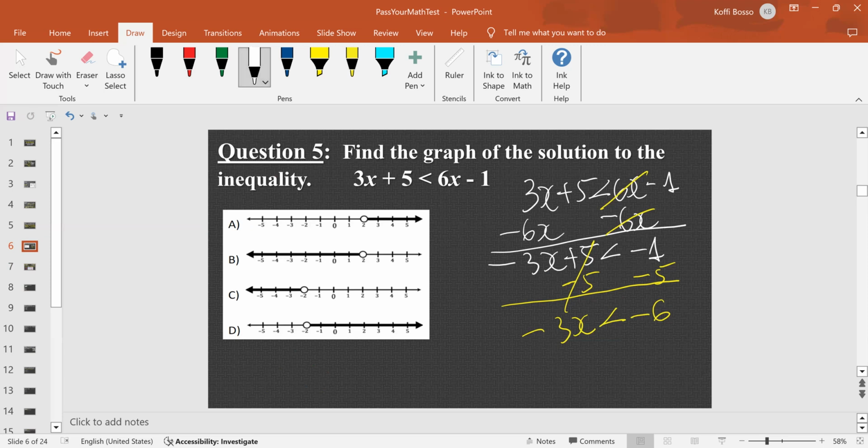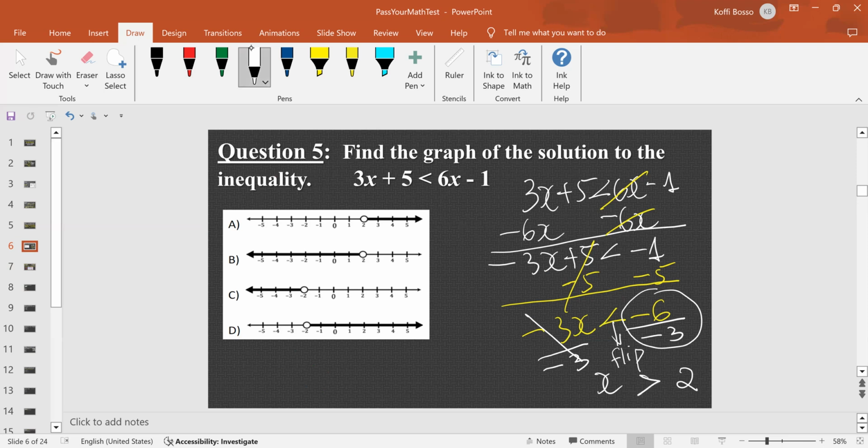The next step is to divide both sides by negative 3. Doing that, negative 3 divided by negative 3 cancels out, and you have x here. Negative 6 divided by negative 3 is positive 2, but we're going to flip this to change to is greater than 2.